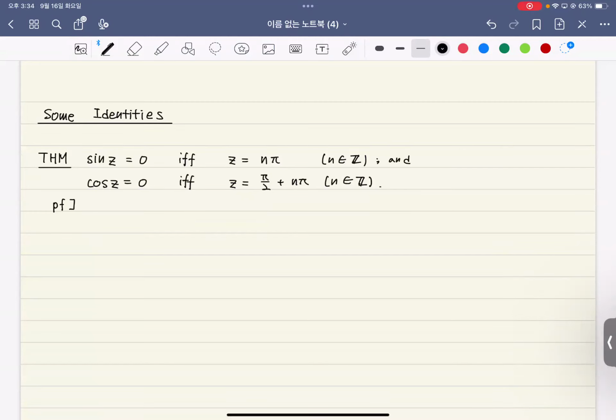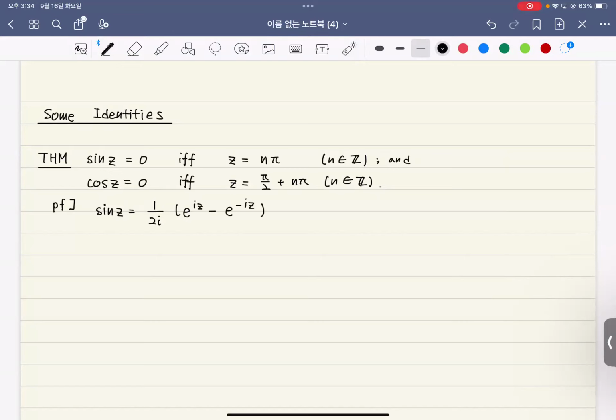So the proof of this: this is our definition of the complex sine function, 1 over 2i times e to the iz minus e to the minus iz.